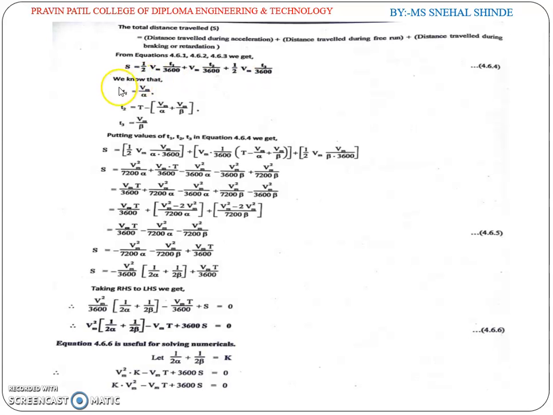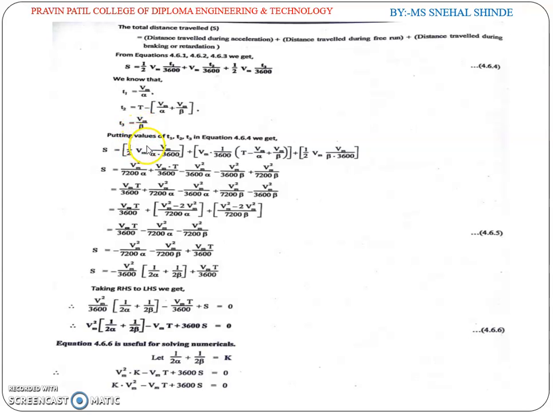We know that T1 equal to Vm divided by alpha, T2 equal to capital T minus Vm divided by alpha plus Vm divided by beta, and T3 equals Vm divided by beta.